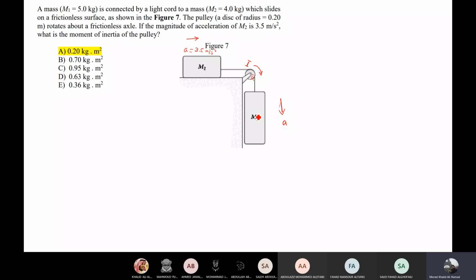For particle 1, what are the forces affecting it? We have M1G and we have T1. Let me make the free body diagram bigger.